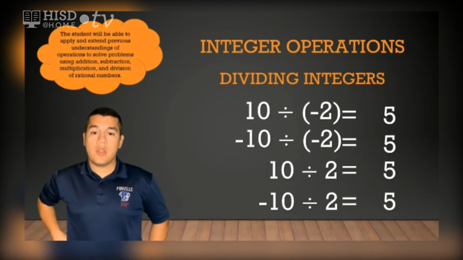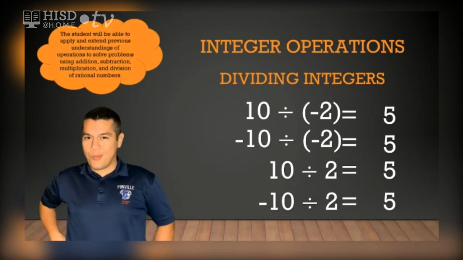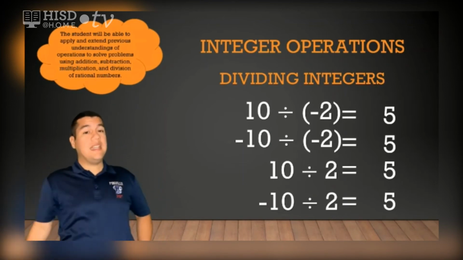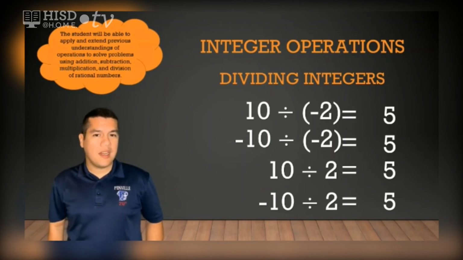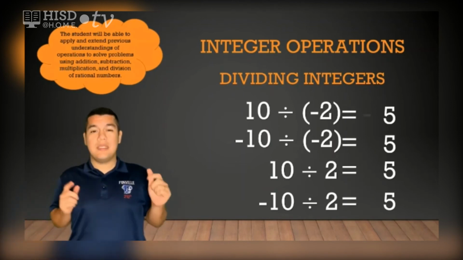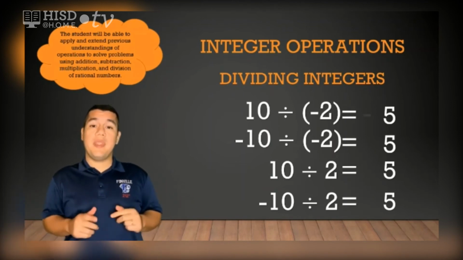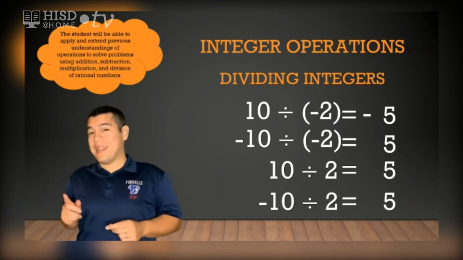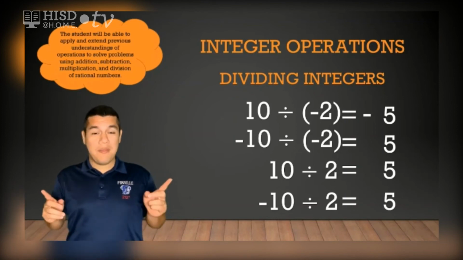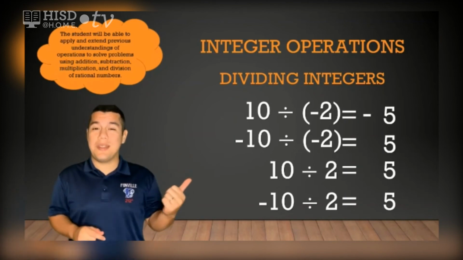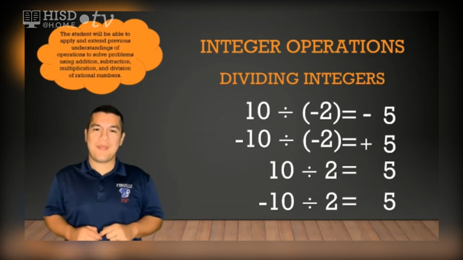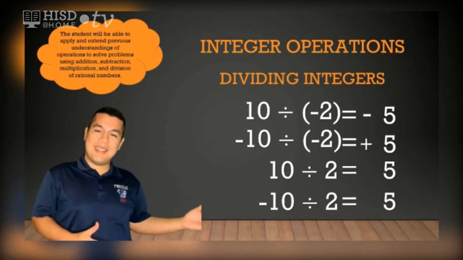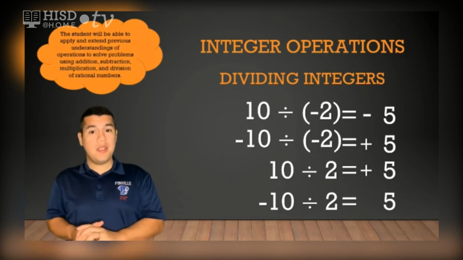Okay, so let's see what the real answers are. On our first one, 10 divided by negative 2, our answer, since both have different signs, is gonna be negative 5. On the next one, negative 10 divided by negative 2, both have the same sign, so that means that our result is gonna be positive. 10 divided by 2, both are positive, so the answer is also positive.